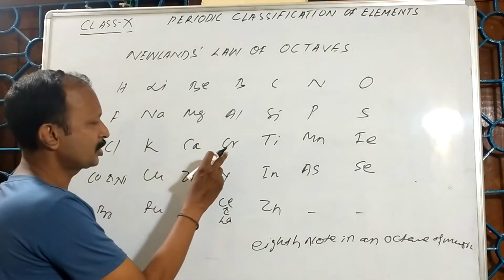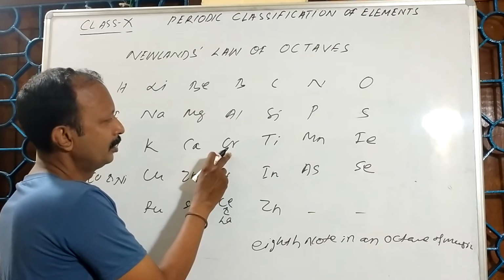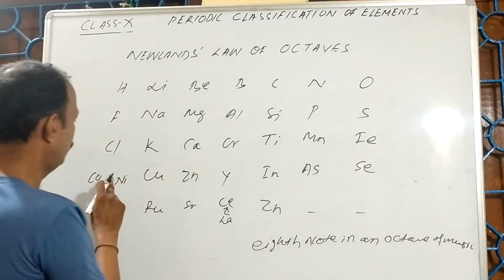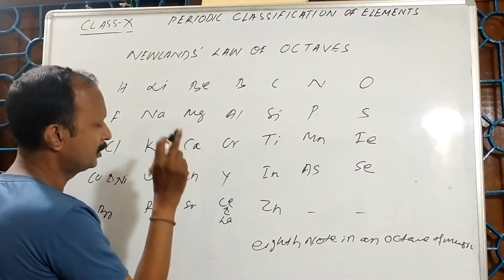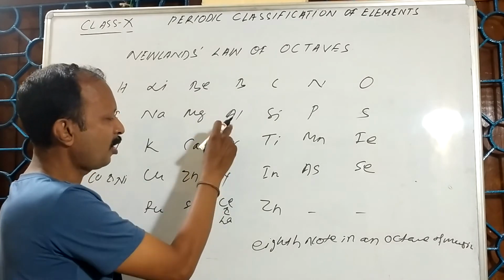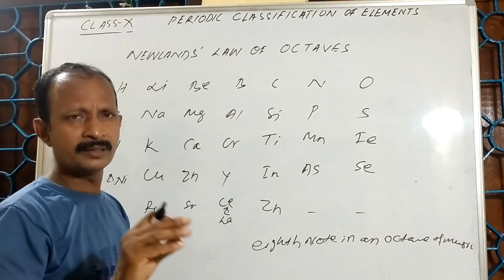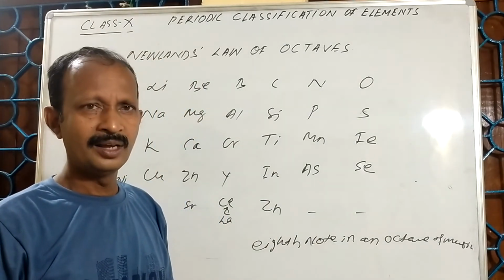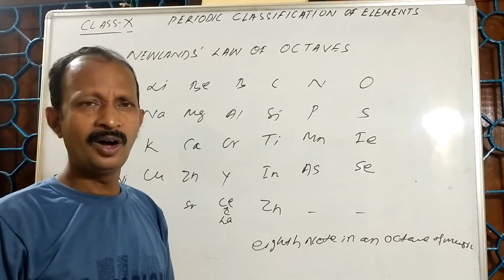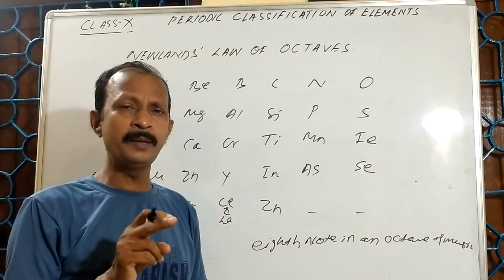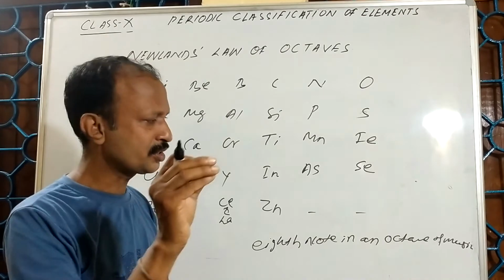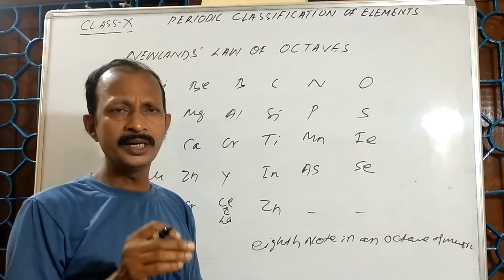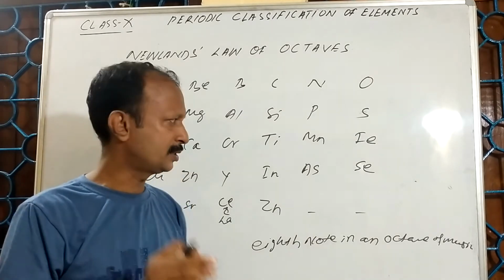For example, if I start from chromium, 1, 2, 3, 4, 5, 6, 7, 8, it did not match its properties with yttrium. That means when more elements were discovered after calcium, the other elements did not repeat their properties with the first element. This is one of the important reasons for the rejection of Newlands law of octaves.